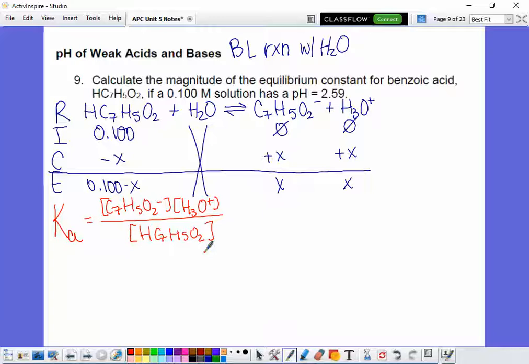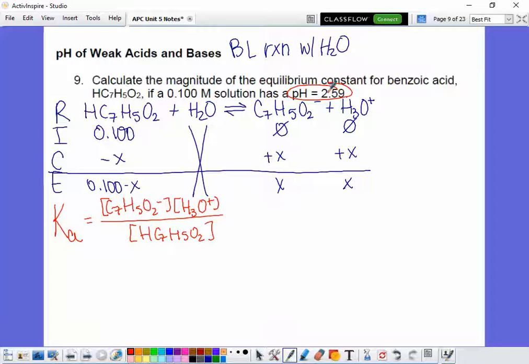Now, we are told that at equilibrium, even though it doesn't specifically state at equilibrium, the pH is 2.59. Again, whenever you see the word pH, you can infer that it's at equilibrium. So the pH is 2.59. Now, we're trying to solve for Ka. We don't know Ka, so we need to know some other things, right?